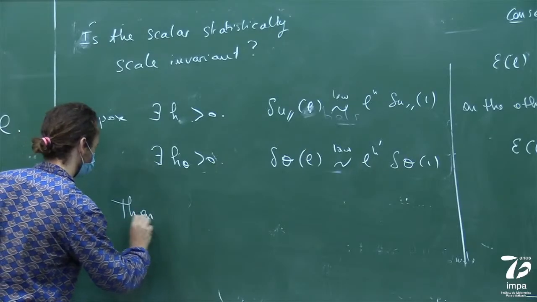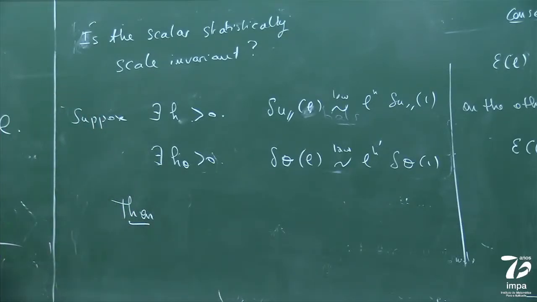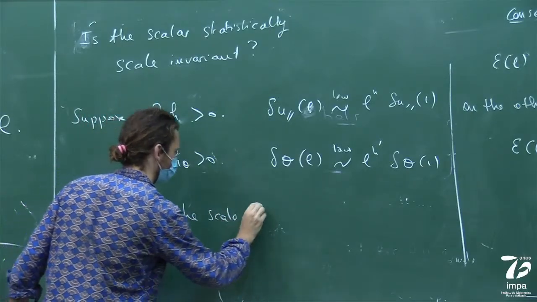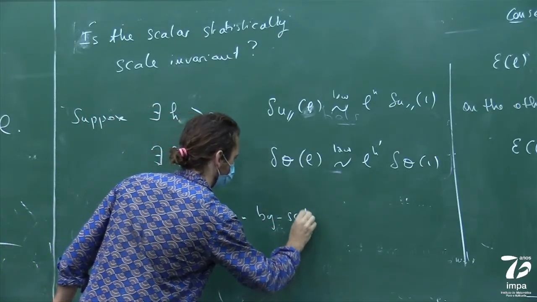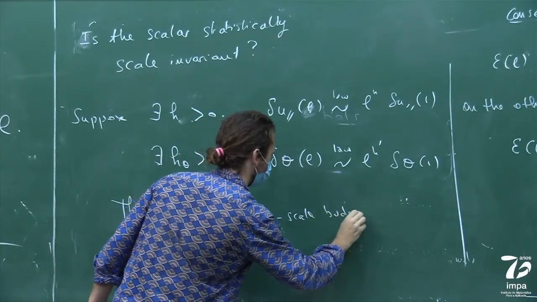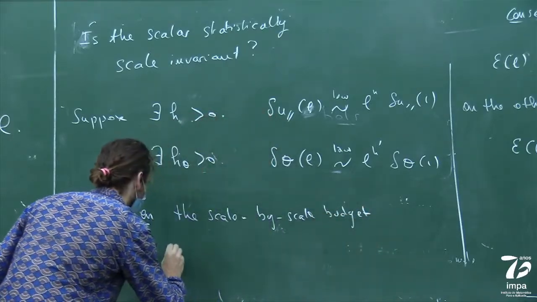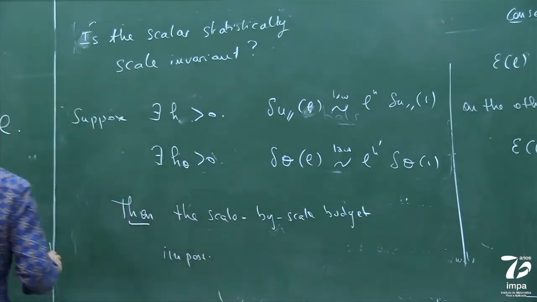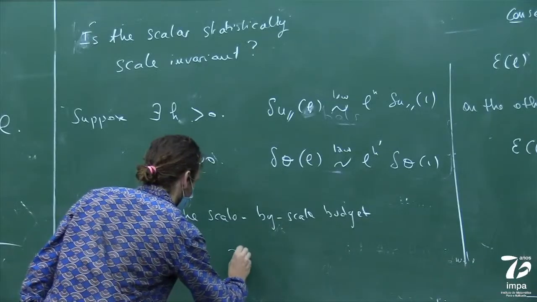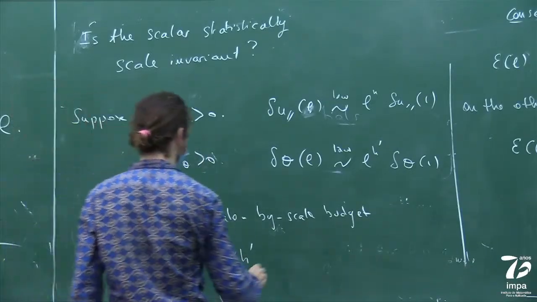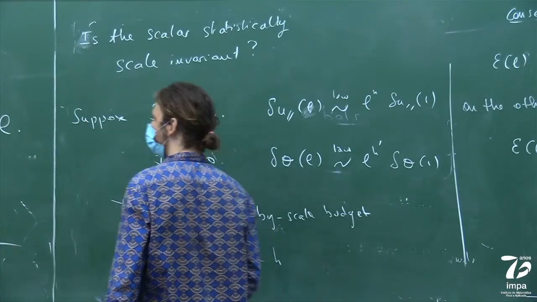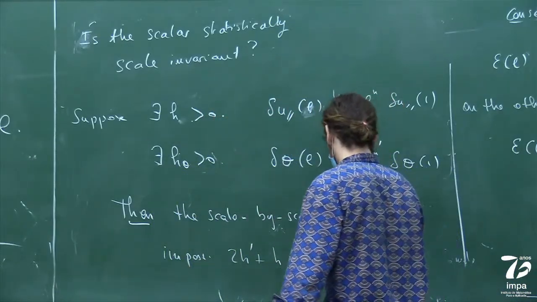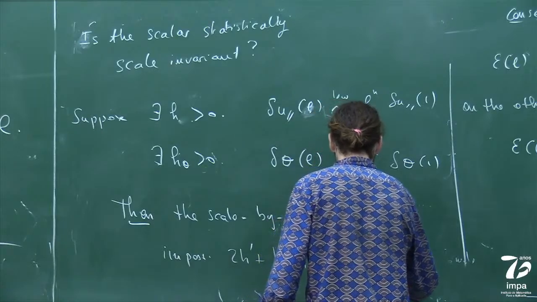Then basically the relation and the scale by scale budget imposes essentially that 2H prime plus H equal 1. So if H equal 1/3, H prime equal 1/3 as well.